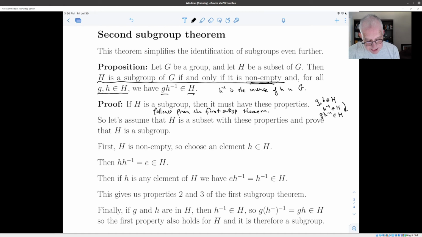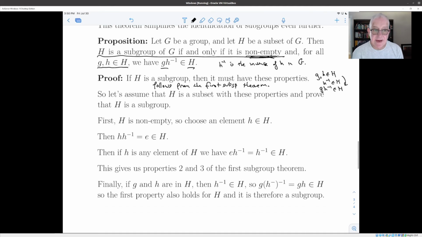So now let's assume that we have a subset with these properties, and we're going to prove that it's a subgroup. Well, the first step is to take advantage of the fact that H is a non-empty set, so we can pick an element from it. If we didn't know that H was non-empty, then we would be stuck right at the beginning. So that non-emptiness is really crucial. But since it's non-empty, it contains at least one element, call it h.